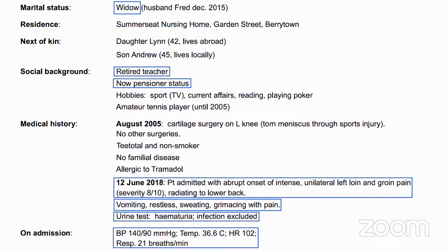And based on this, urine test was ordered, hematuria, infection was excluded according to urine test. Then at admission, the vitals were measured: BP 140/90 mmHg, temperature 36.6, HR 102, respiratory rate 21 breaths per minute. So this you can take here.